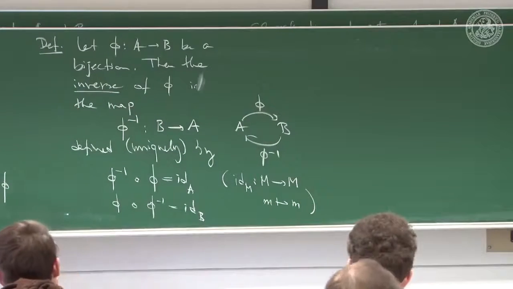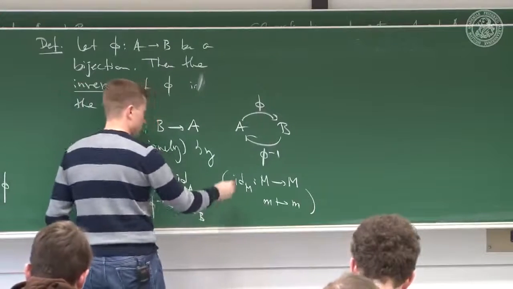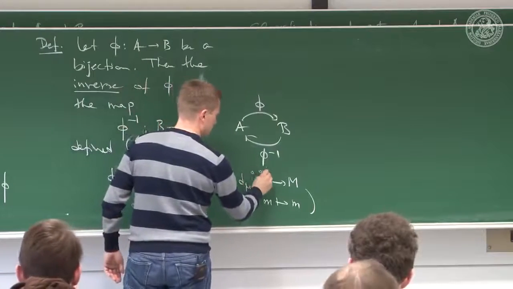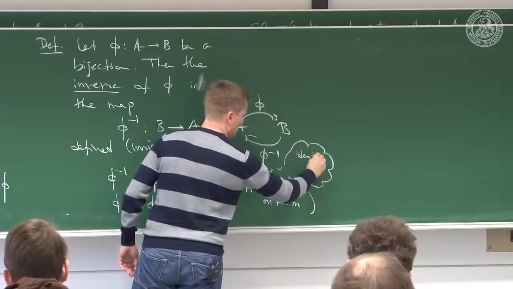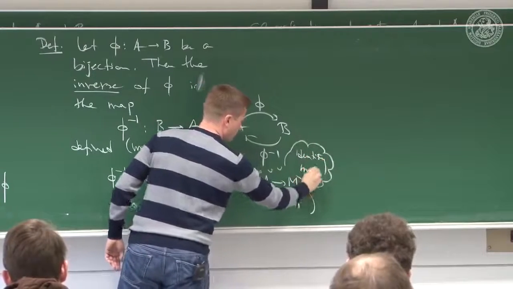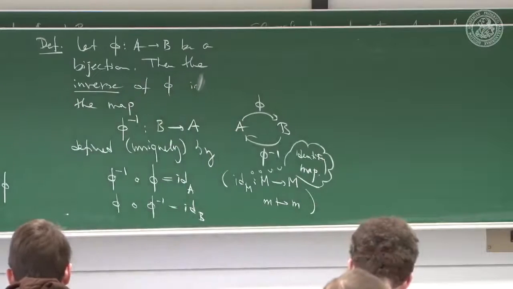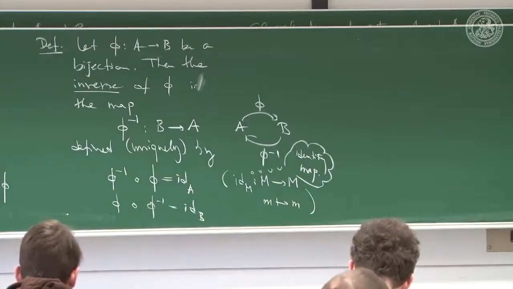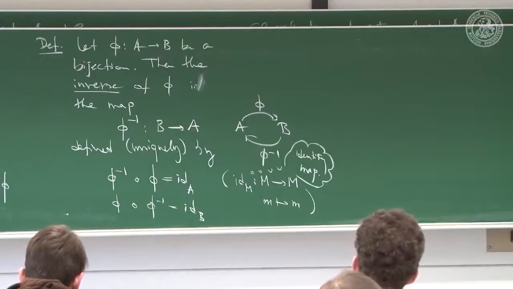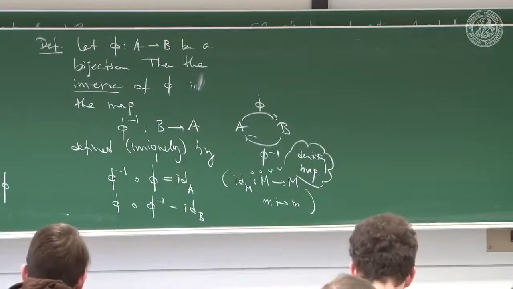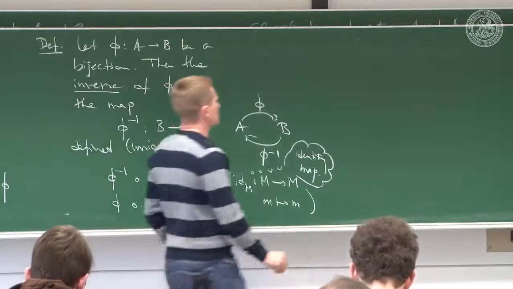That's the identity map. Which obviously we have for every set. Okay, so an inverse only exists for bijections.